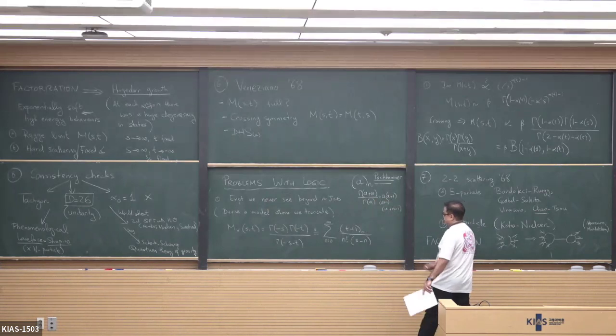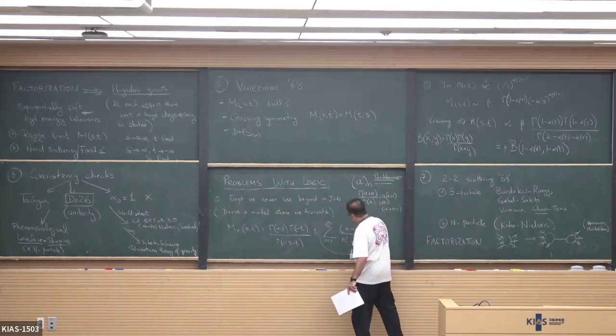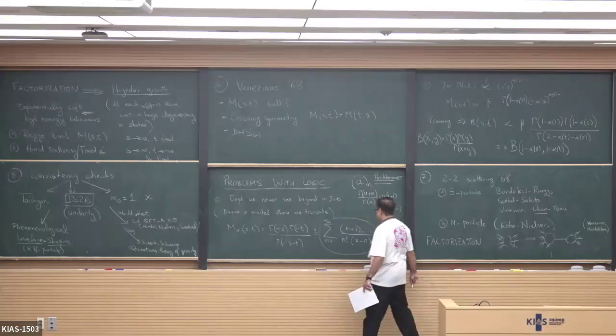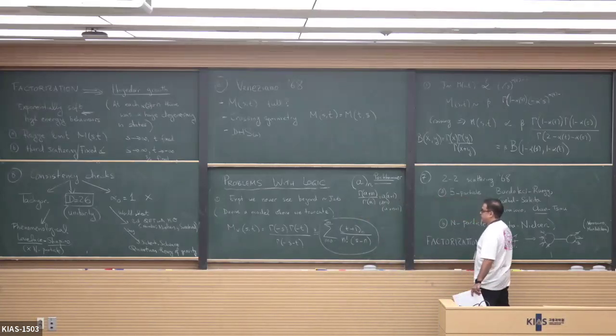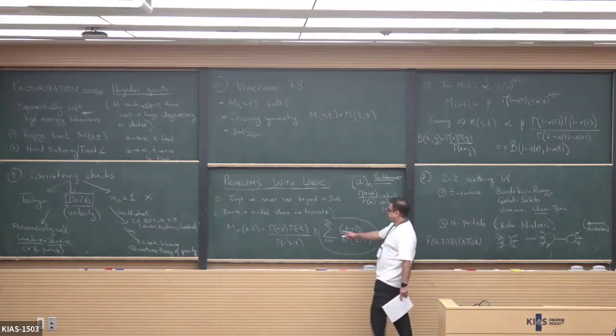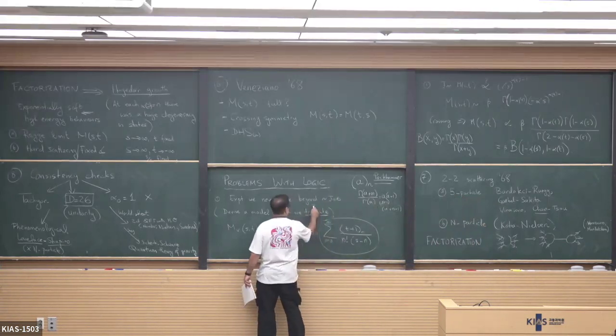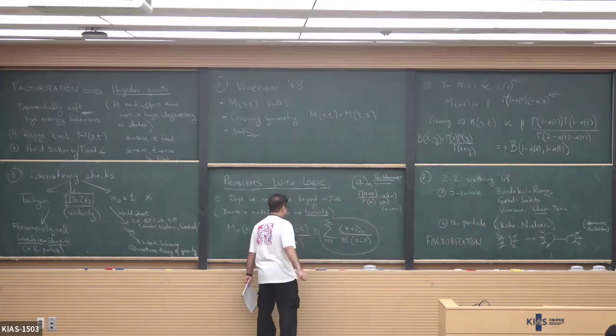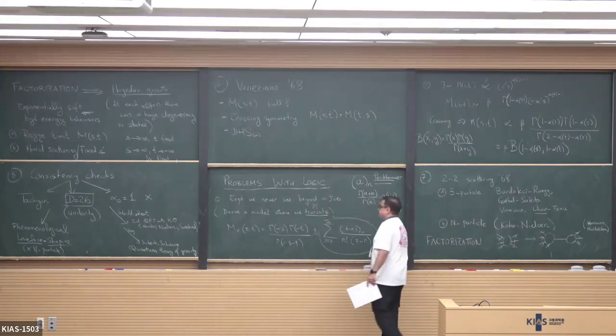So if I truncate with this as the series representation, then this is not possible. So this is questionable. So that's problem number 1.